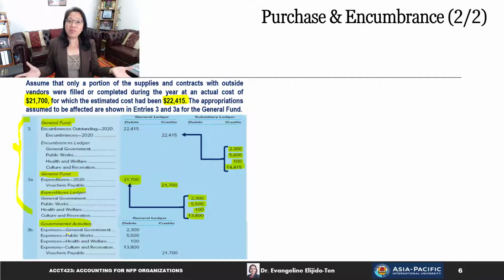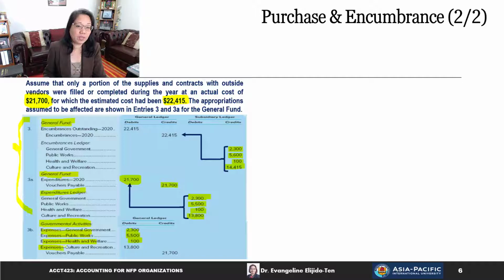In the government-wide journal, we will be recording this: a debit to expenses, general government for $2,300, this account that we have recorded here. A debit to public works, $5,500, this amount here. Debit also expenses, health and welfare for $100, the actual amount again.